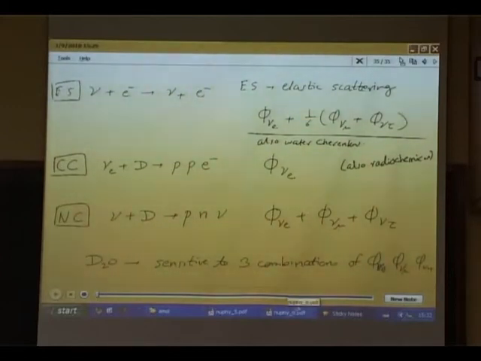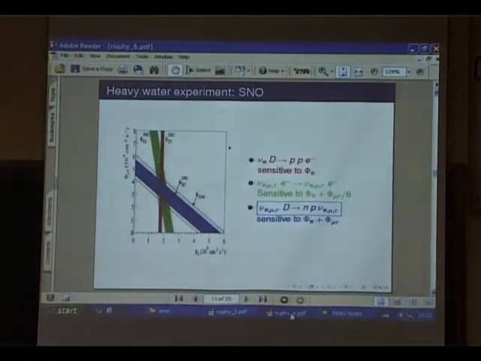So this is what SNO gave after it measured all of these. You see this φ CC, which is the vertical line, the charged-current interaction, sensitive only to electron flux. So the two axes: this is the flux of electron neutrino, and this is φ_μ plus φ_τ.